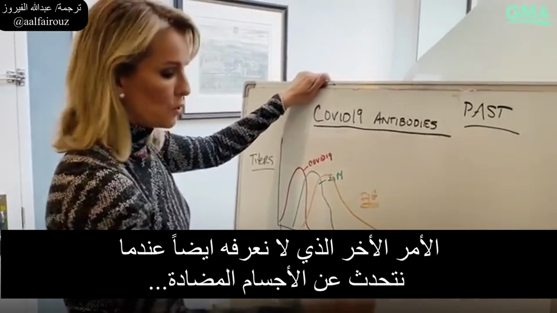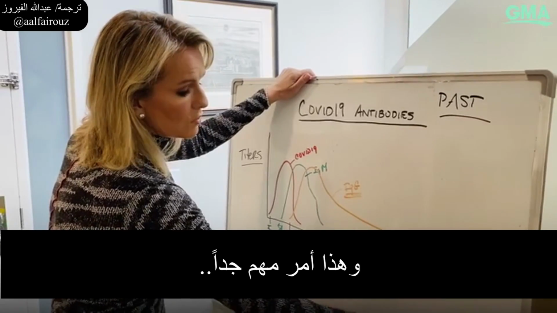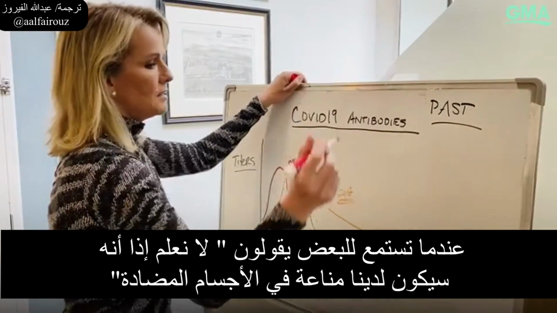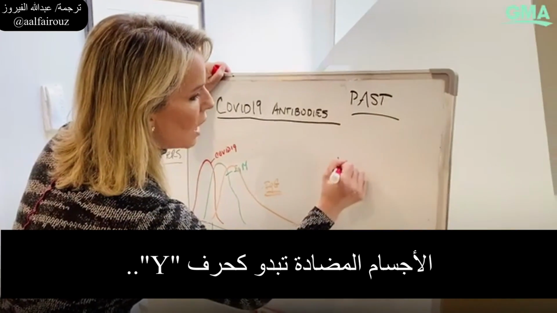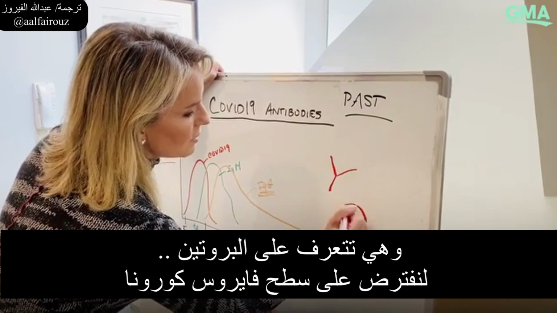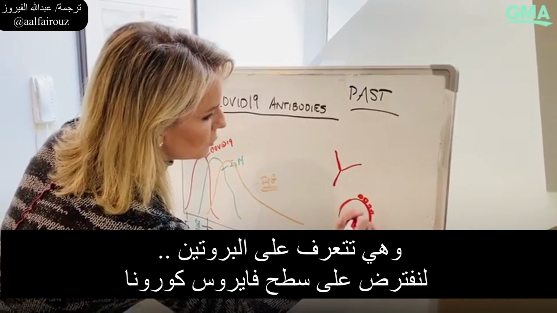The other thing we don't know, and when you talk about antibodies, this is really important. When you've heard people say we don't know whether or not we'll be immune to antibodies, antibodies look like a Y, right? And they recognize a protein, let's say on the surface of the coronavirus.